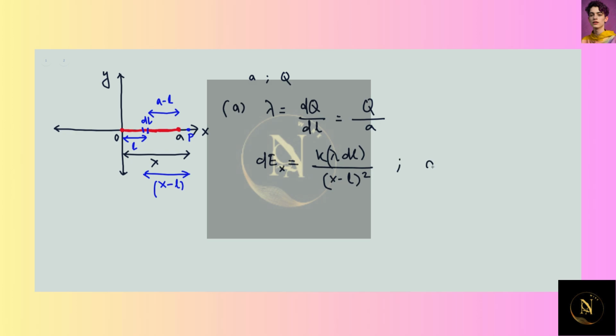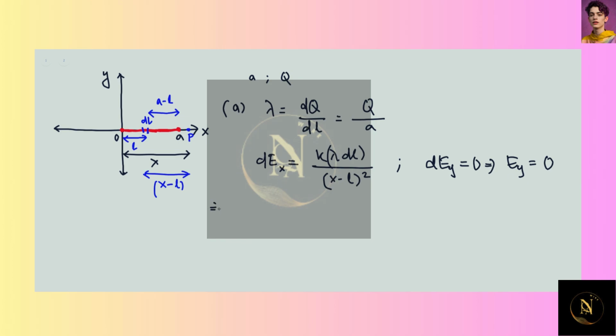And obviously dEy is equal to 0, which means that the vertical component will be equal to 0, because everything is uniformly distributed on the x-axis, and also the point that we are considering to find the electric field is also on the x-axis. Therefore there can't be any component of electric field on the y-axis.